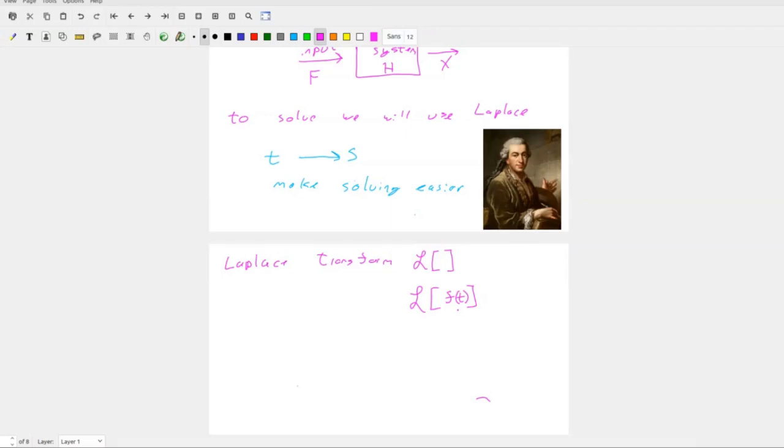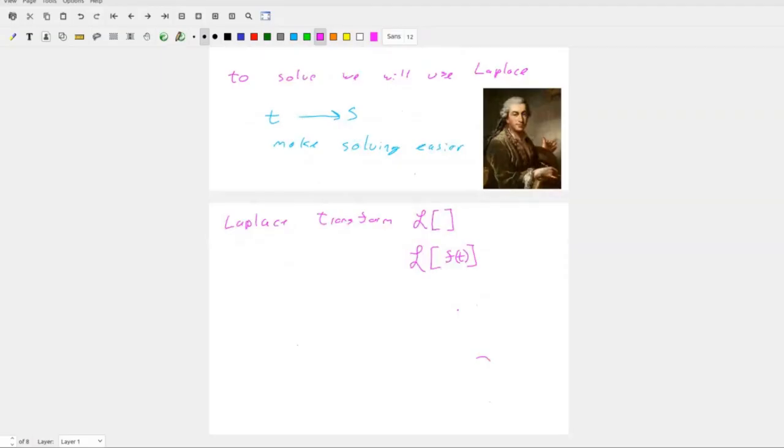So the definition of the Laplace of f of t looks like this. My Laplace of f of t is equal to capital F of s. That is my input to my plant in my S domain. So I'm now out of the time domain.